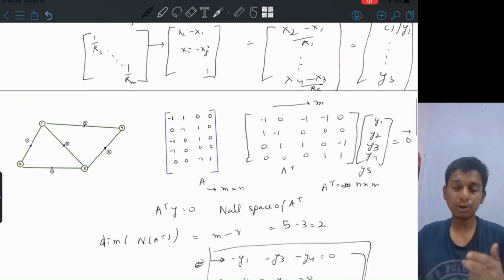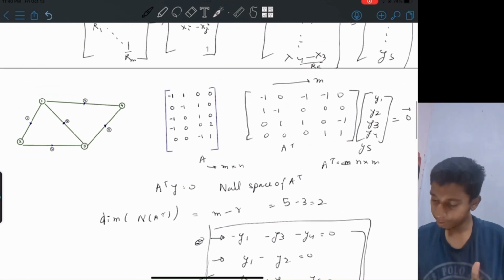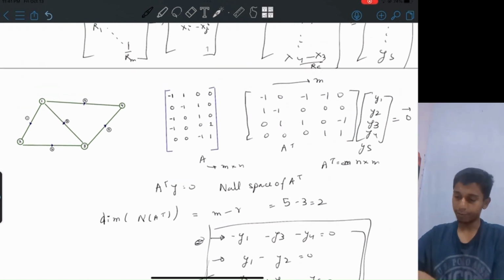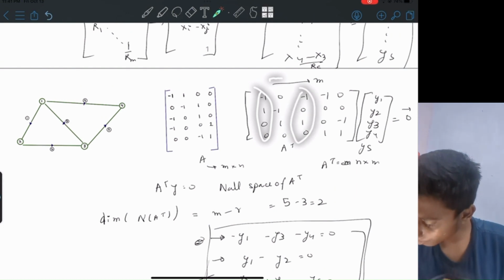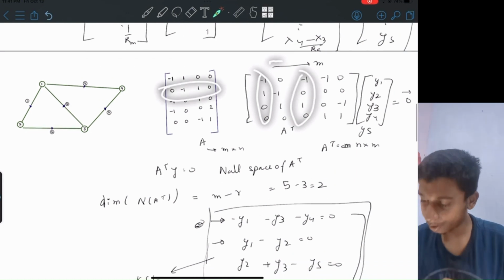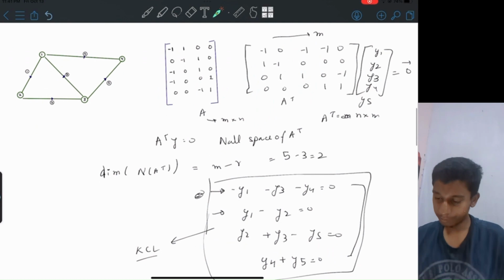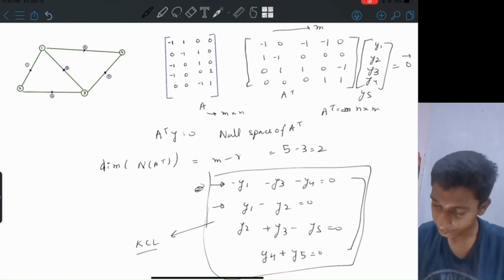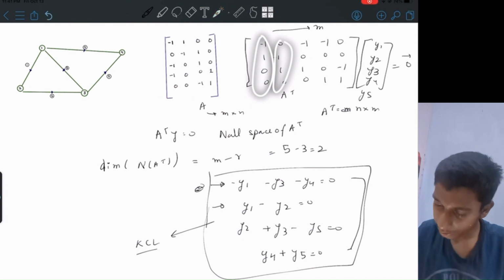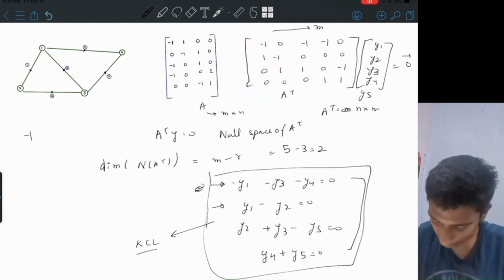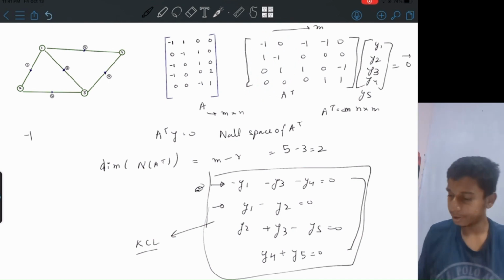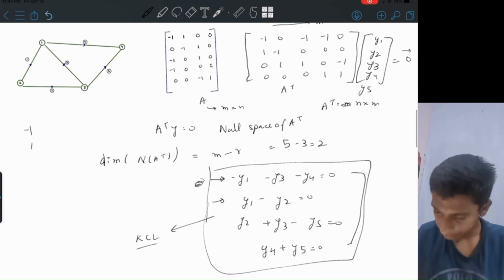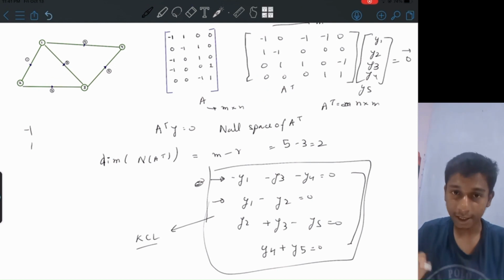Now, the concept of dependence and independence. For these columns of the A transpose matrix, or the rows of the A matrix, what I want to show is, say, the first row and second row are independent. I'm trying to find three independent rows, as the rank is 3.